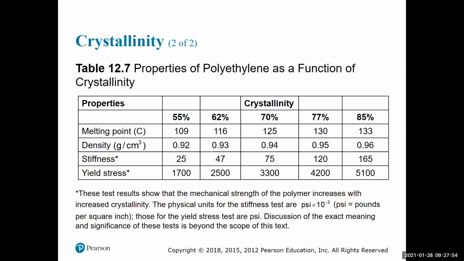So stiffness is just what you would think. If it's stiff, it's just a stiffer material. Yield stress, that's a measure of if you put pressure on it, you stress it, does it break? Does it bend? Does it have some physical change?